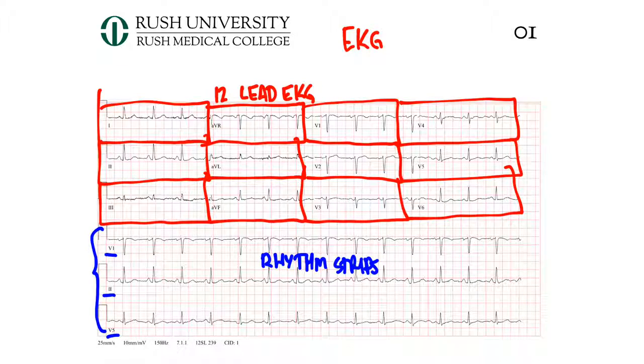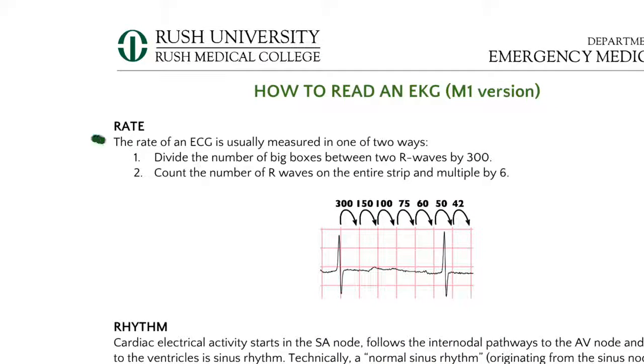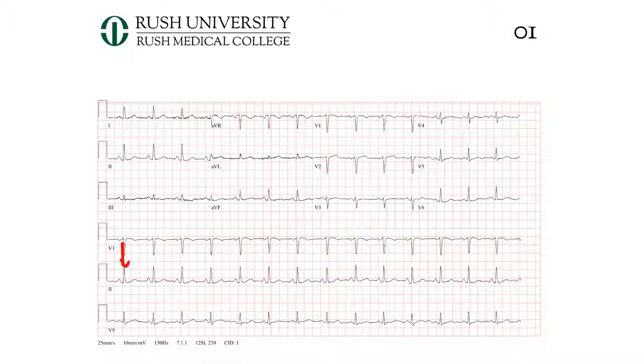So let's begin. The first thing we're going to look at is the rate. The rate means how fast the heart is beating. If you remember the picture we had for an EKG, we had a bunch of waveforms, and each one of those represents a beat. So here, this is one heartbeat, that's another one, and another one. There are 2 ways to measure the rate.